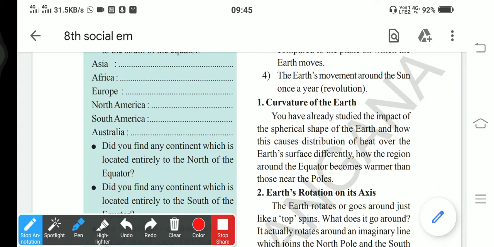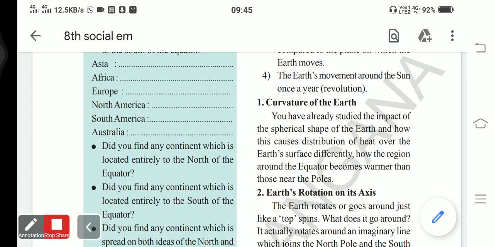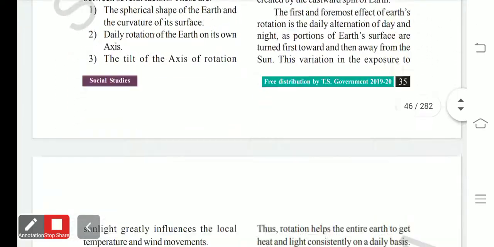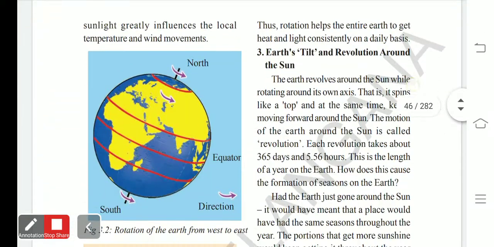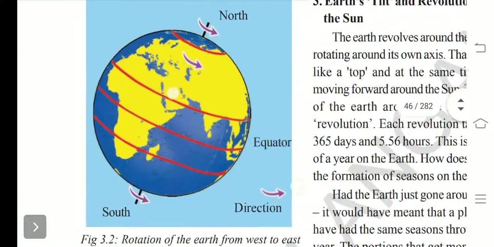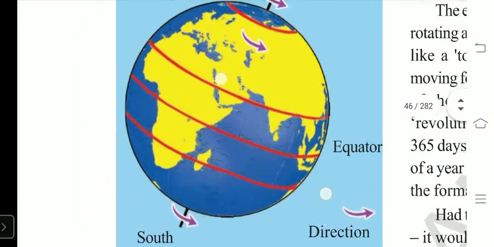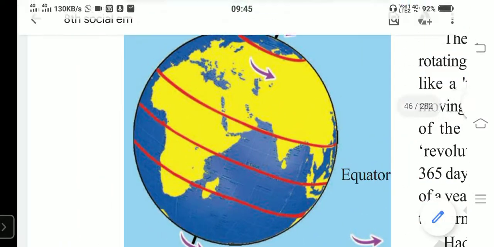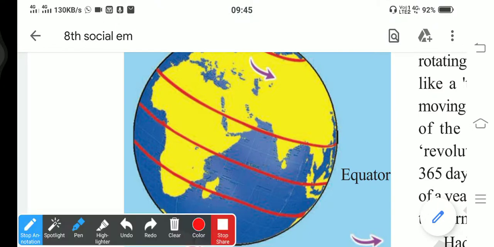It is the spherical shape of the earth. Curvature means the spherical shape of the earth. Understand? Look at dear students here.